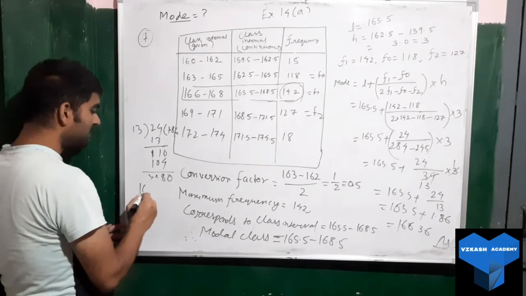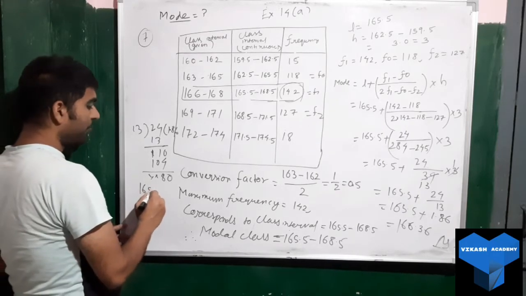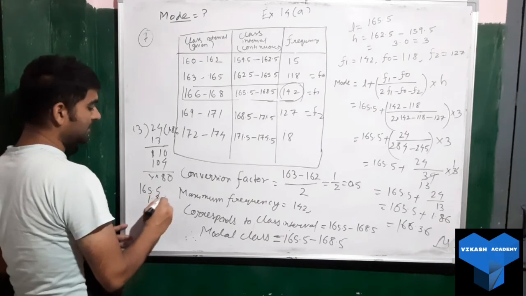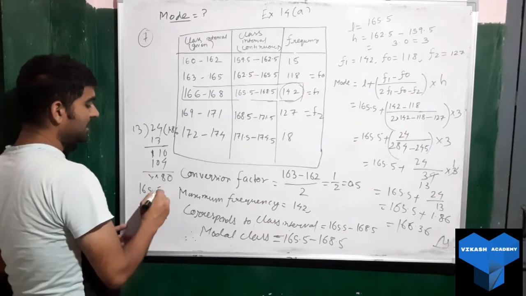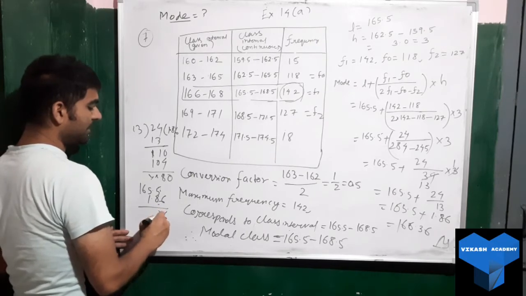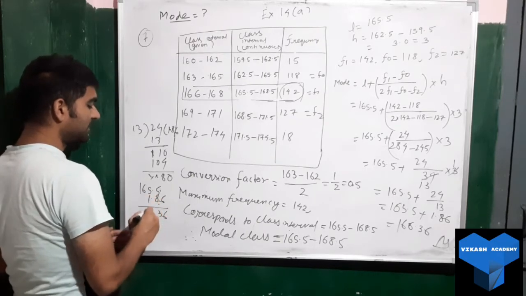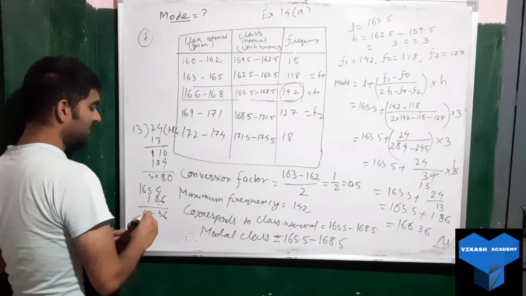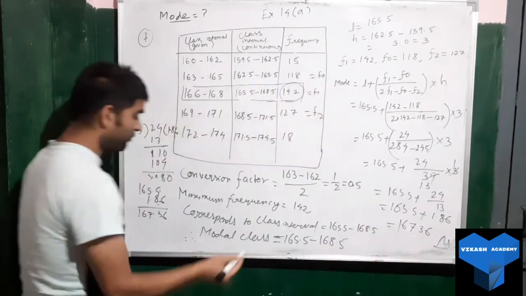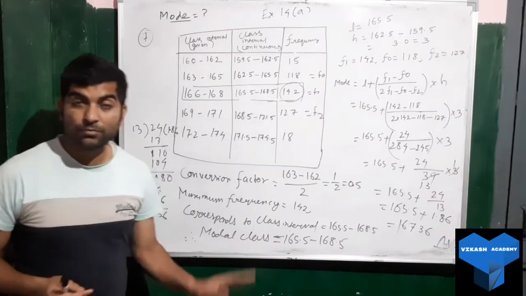We have here 165.5 and 1.86. Adding, 6 will be 6. 8 plus 5, so 13. We are getting 167.36. So I hope you are clear with this.